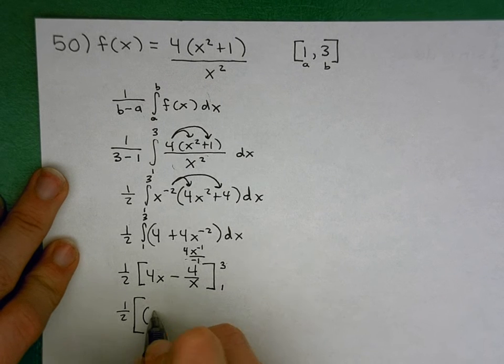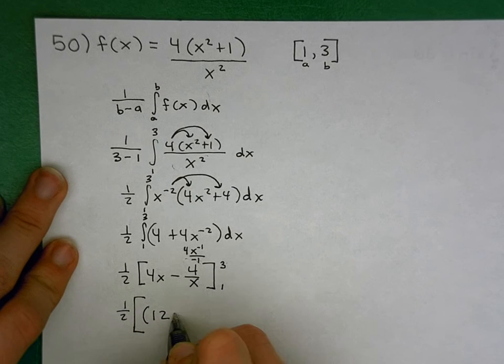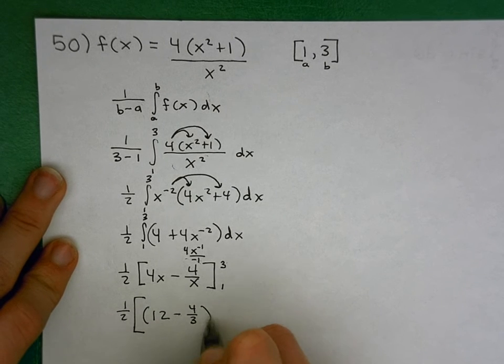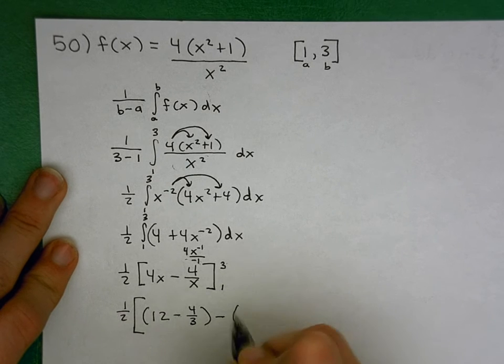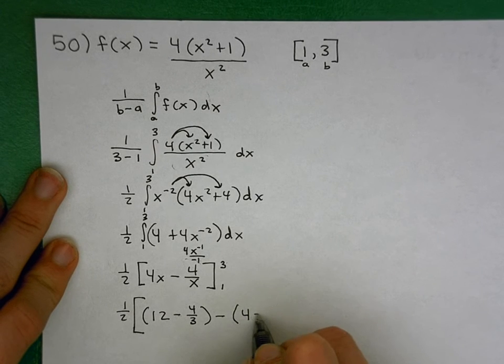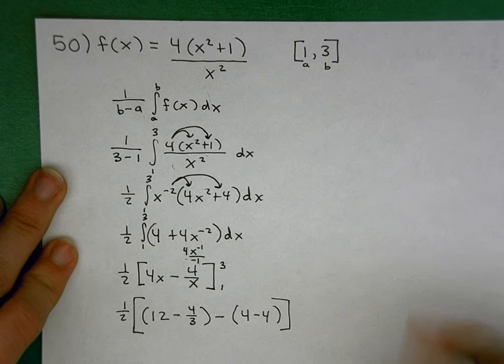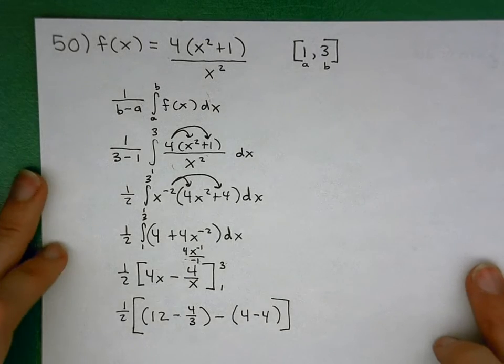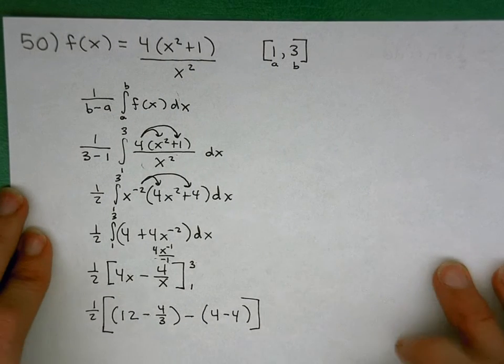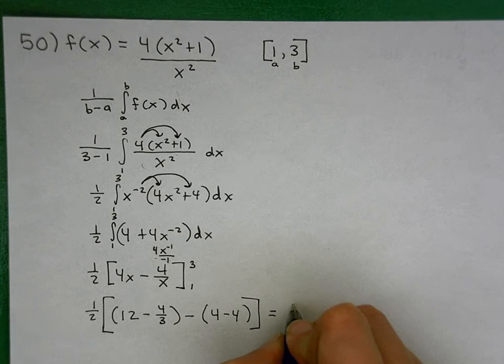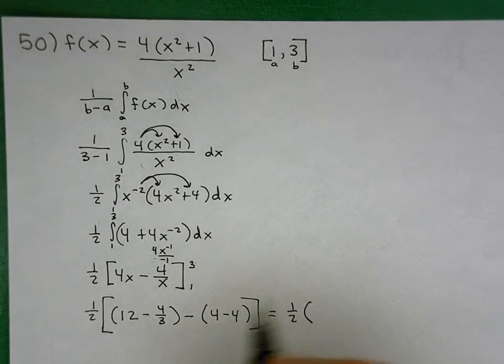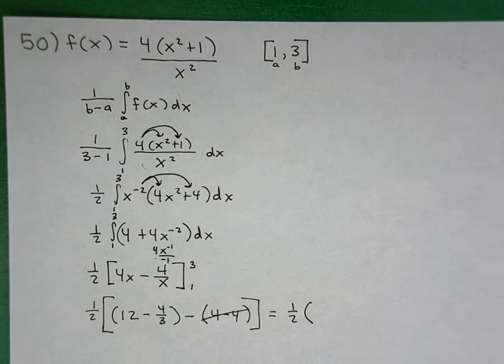We have 4 times 3, which is 12, minus 4/3, minus 4 times 1, which is 4, minus 4, which is 1/2 times 4 minus 4 is 0.